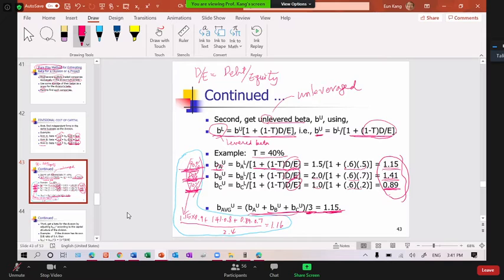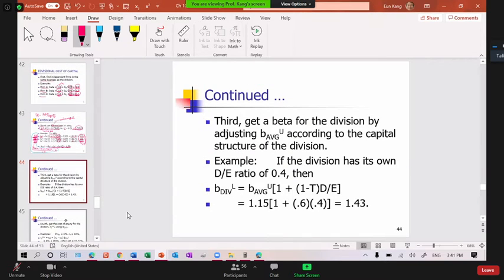If this is, let's say, a case study, then the case study has all that information, each division's size, whatever. And once you get this unlevered average, your division may have its own capital structure, right? Then now you re-lever, okay? Adjust the unlevered beta according to your company's capital structure.